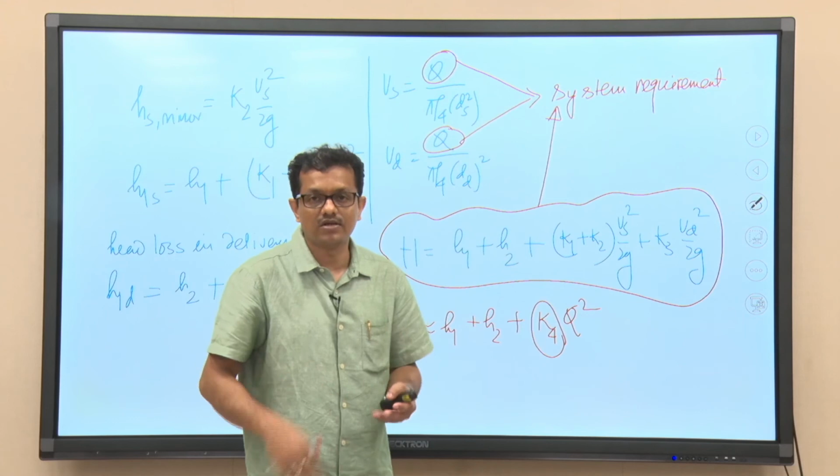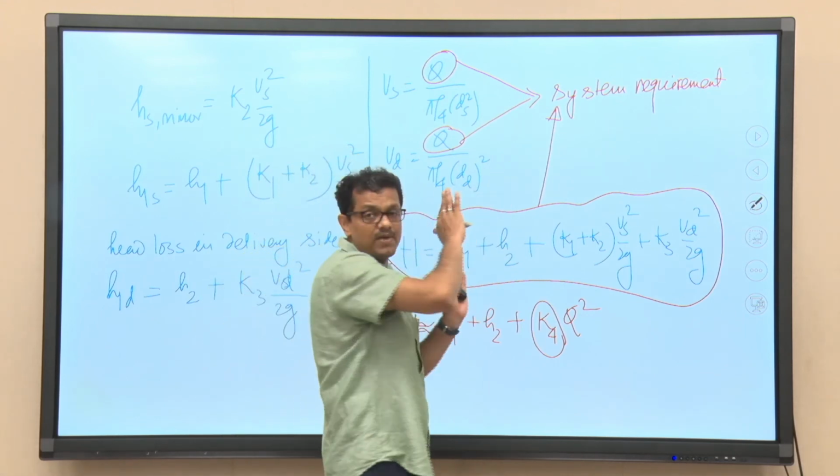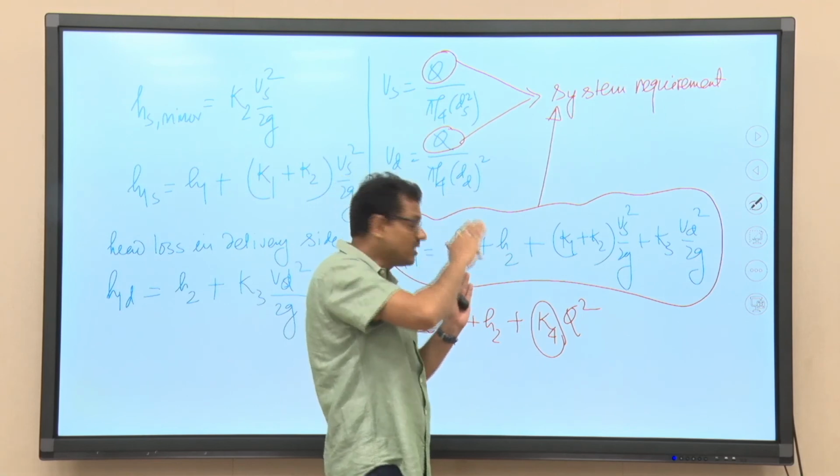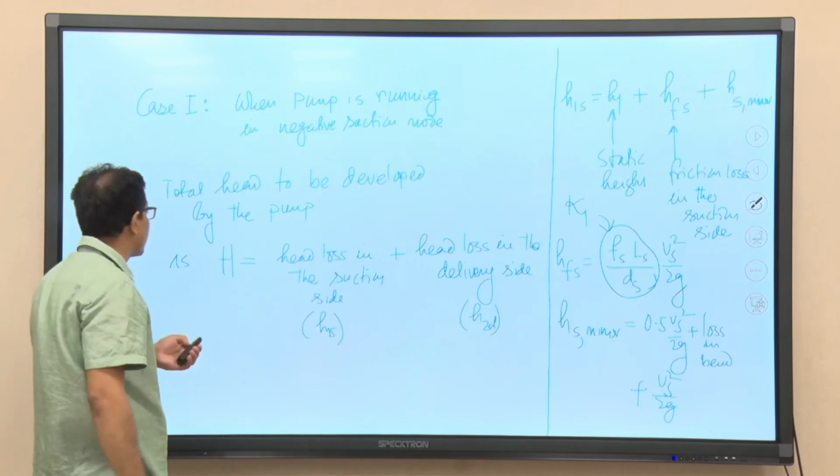Initially we have to give these two data to the pump designer. So, knowing the value of H and Q, the pump designer will design the pump and he or she will supply this curve.